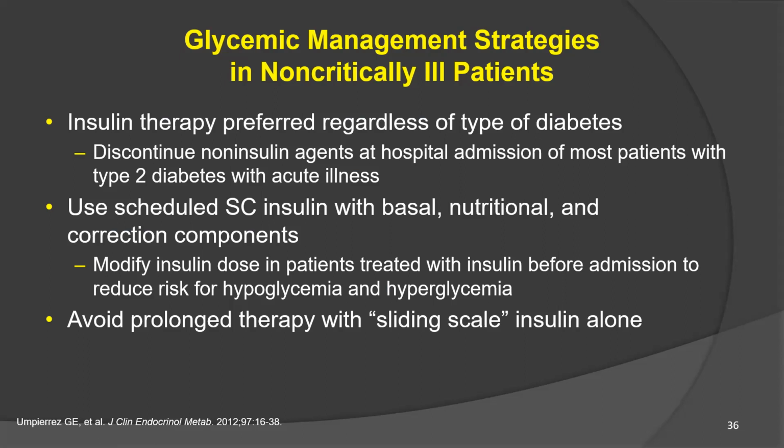In fact, the ADA does not recommend sliding scale insulin therapy as the treatment strategy for any diabetic patient in the hospitalized setup. Remember, it is just to help you correct the requirement of insulin for the whole 24 hours, but it is not the only treatment or the best treatment anyway.